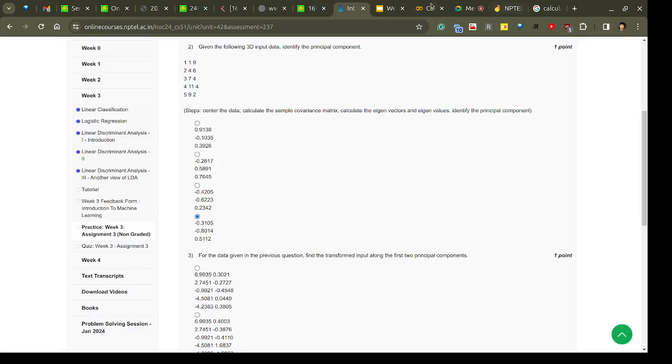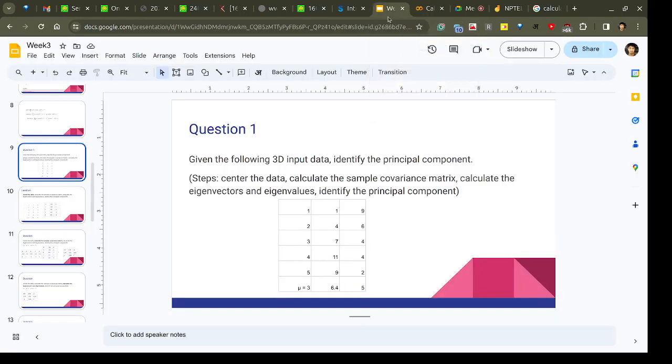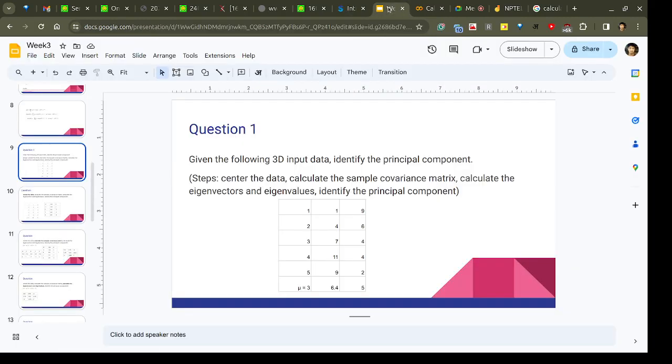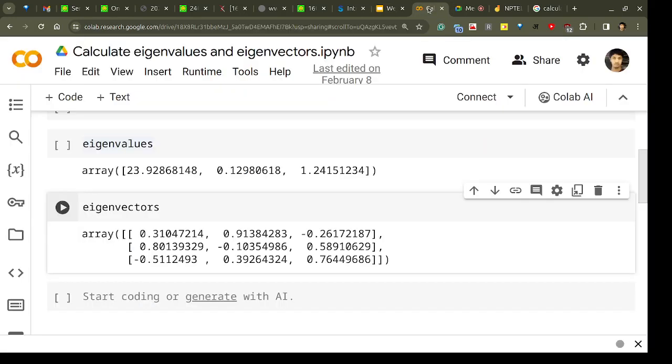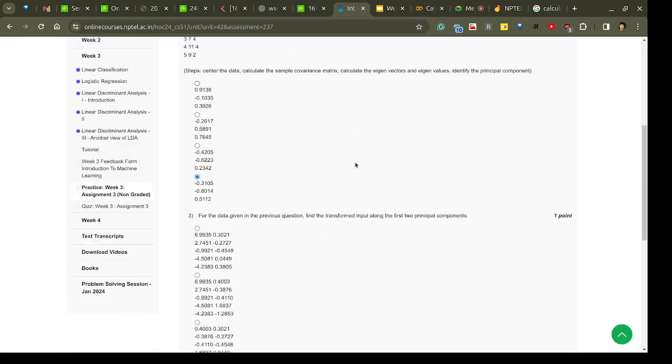If we multiply this column by minus 1, it will be minus 0.31, minus 0.80 and plus 0.51. So that is there, and this is the correct option, because we can multiply the eigenvector by any scalar value, and minus 1 is a scalar value. So this is a correct option. All right, so this is how you find the principal component with LDA.